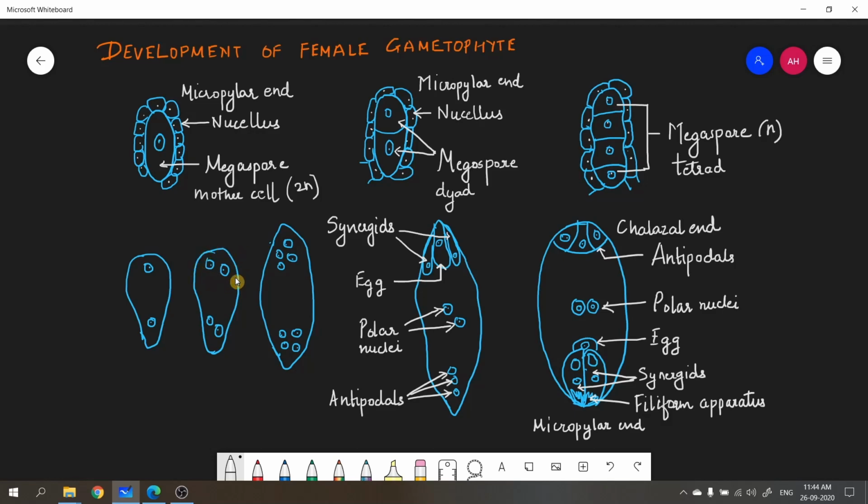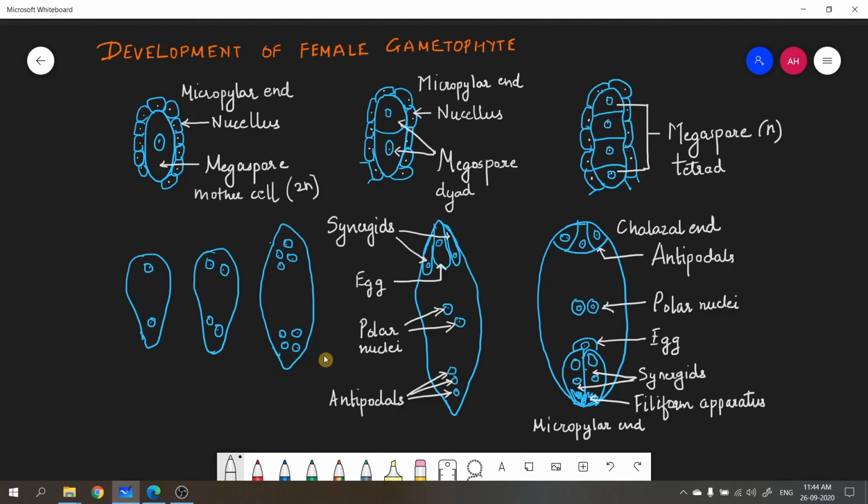So these are 2 nuclei at one pole and these are 2 nuclei at the other pole, which will be followed by the third division resulting in formation of 8 nuclei, 4 nuclei at each pole. So you can see 4 nuclei at this pole and 4 nuclei at this pole. Right. So over here, 8 nuclei are formed in total.